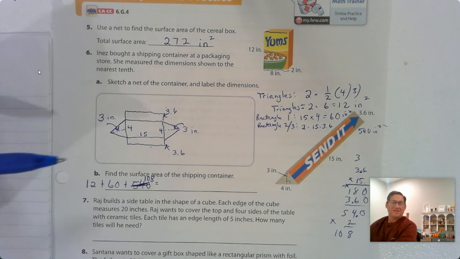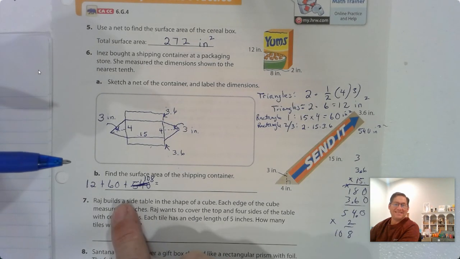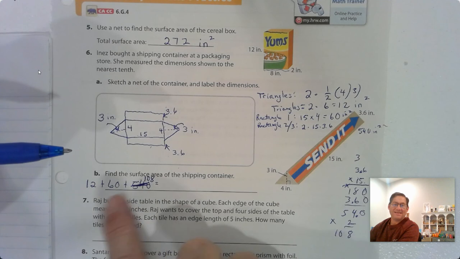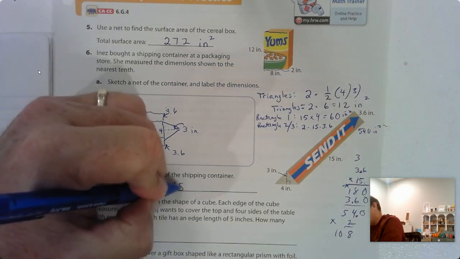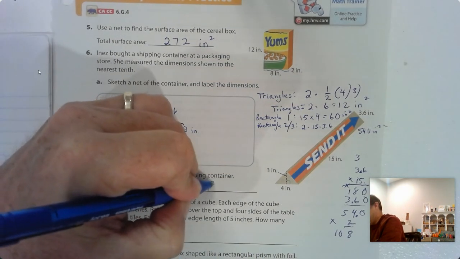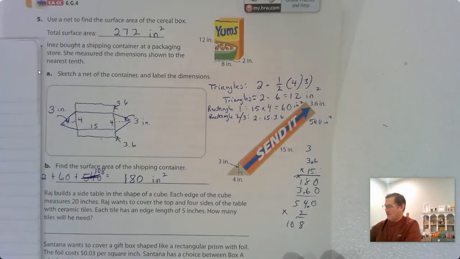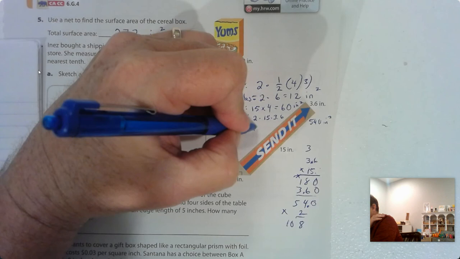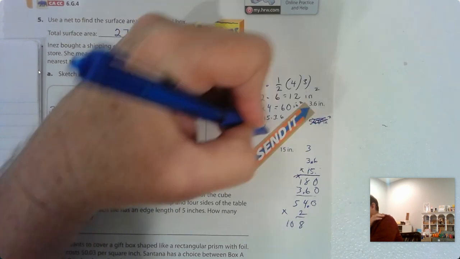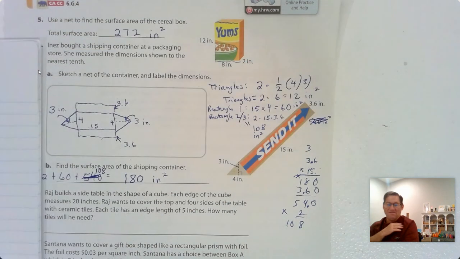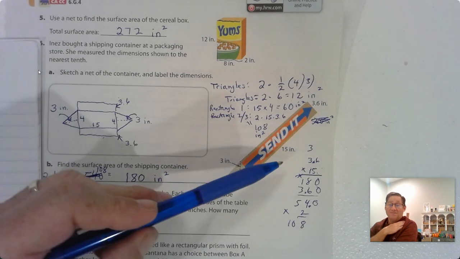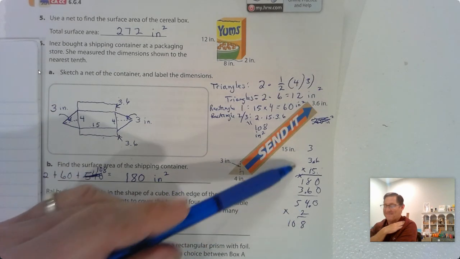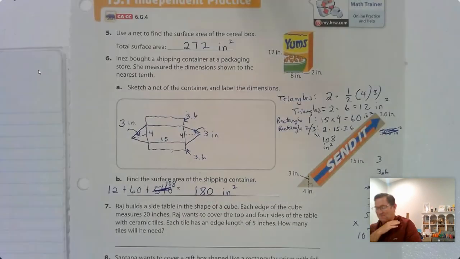All right. So 108 plus 60 is 168, plus 12 more is 180. So 180 inches squared. So rectangles 2 and 3 equals 108 inches squared, not 540. See the importance of a decimal point? All right, number 7.